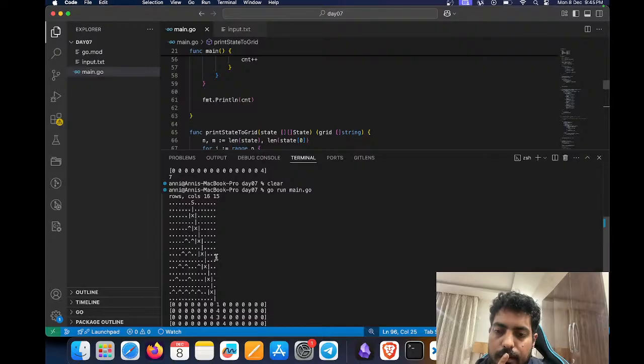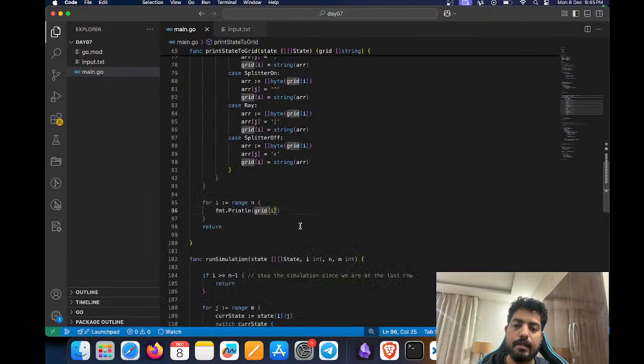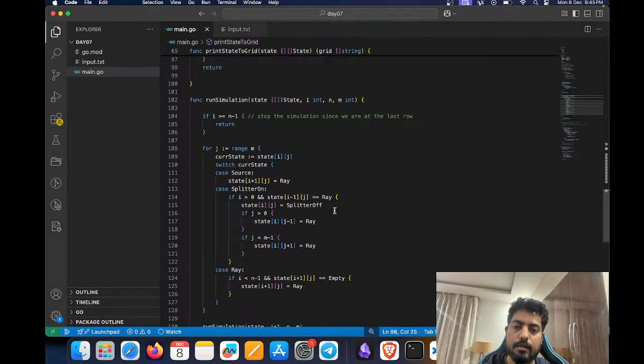Okay, cool. So this is the problem. For some reason, it's not taking the ray above us. I think I know what the issue is.